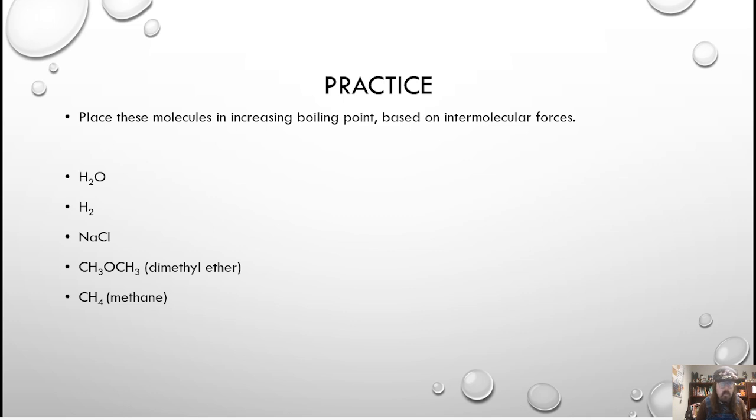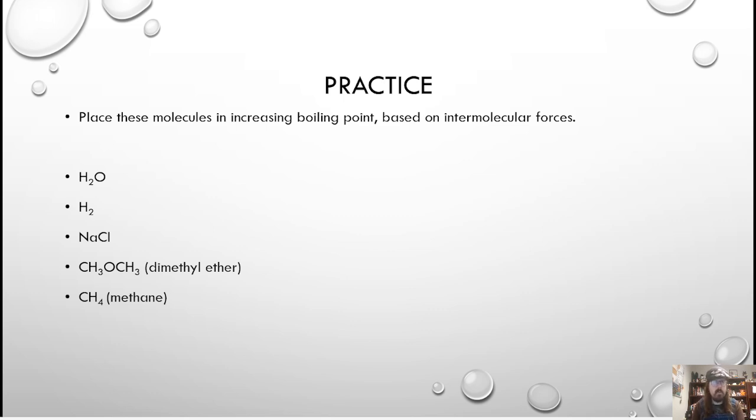So, looking at this, we have water, we have hydrogen, we have sodium chloride, we have dimethyl ether, and we have methane. So, the first one, you can use properties you know about this.